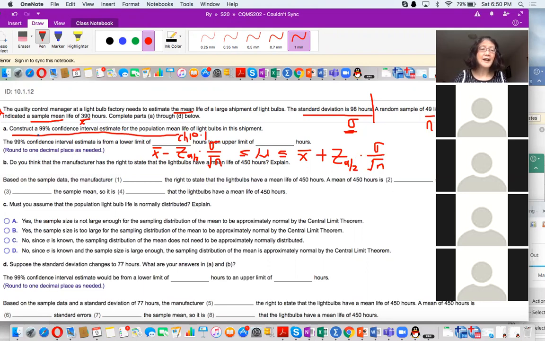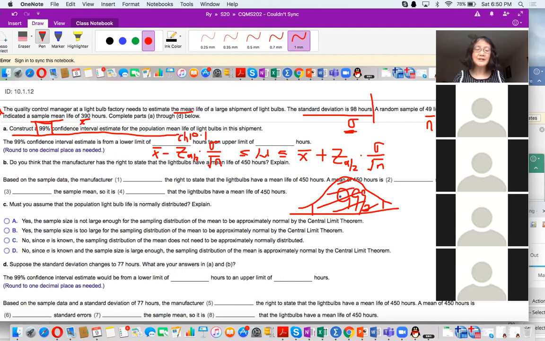You can get Z half alpha from here, 99%. If you are given 99%, you can figure out Z half alpha. Okay, I will give you the picture here. What does 99% mean? This is the bell-shaped symmetric normal distribution. 99% means the area under this bell-shaped curve is 99%.